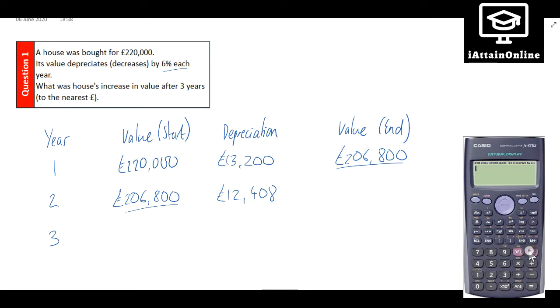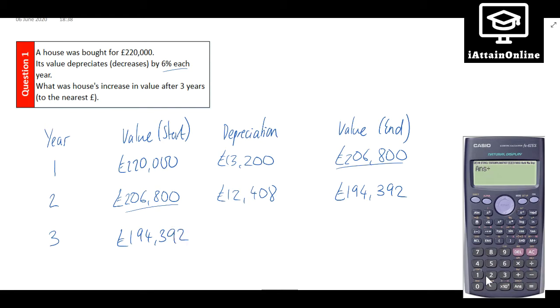So now if I just work out the value of the house at the end of the second year by doing 206,800 take away the 12,408, that tells me that that's 194,392, which becomes the value of the house at the start of the third year.